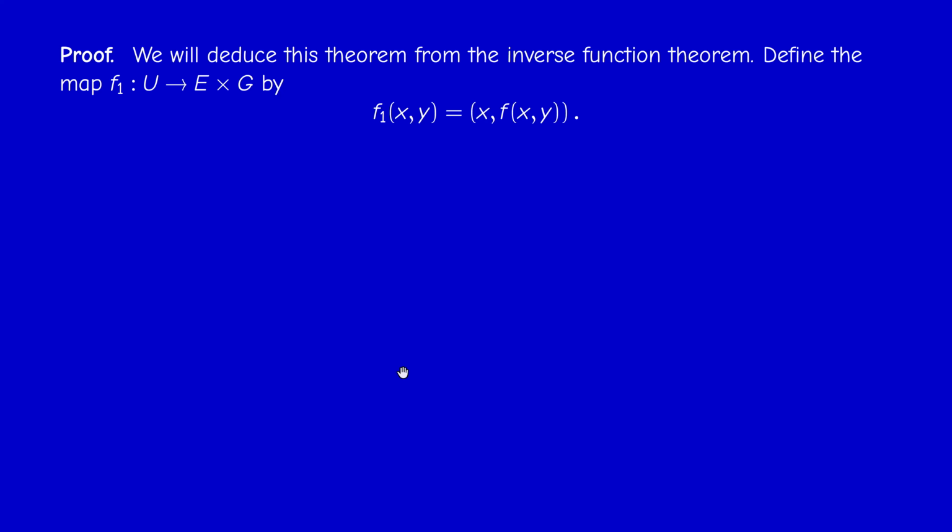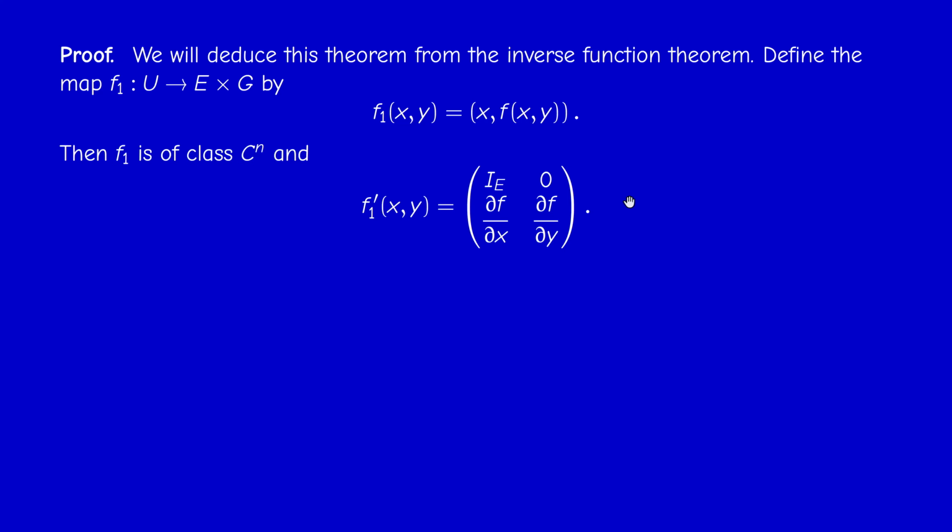F1 is a vector field. It's a function of two variables, x and y, and has two components. The first component is x, the identity, and the second component is f. So F1 is a map from E times F into E times G. According to the discussion that we had about partial derivatives, the total derivative of F1 at the point (x, y) can be thought of as a matrix of operators.